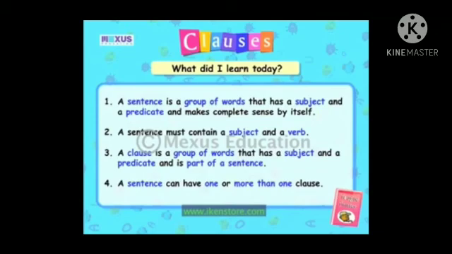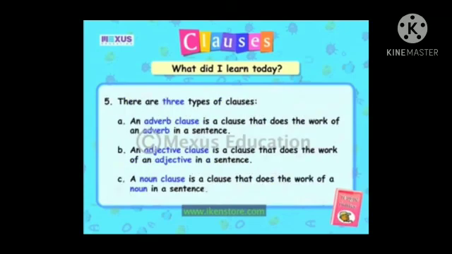A clause is a group of words that has a subject and a predicate and is part of a sentence. A sentence has one or more than one clause. There are three types of clauses: an adverb clause, an adjective clause, and a noun clause.